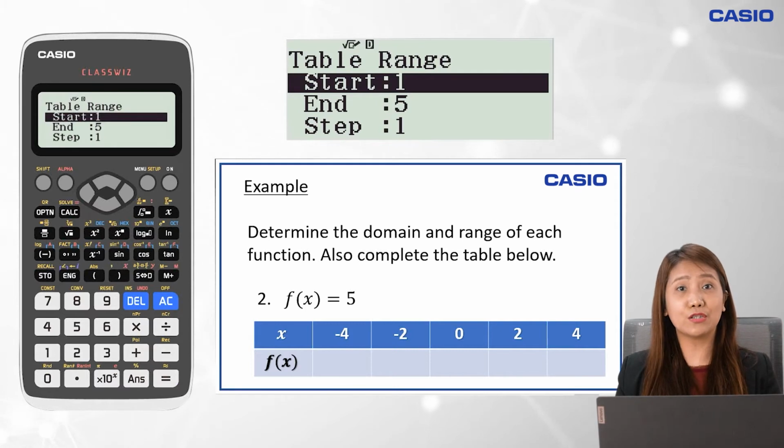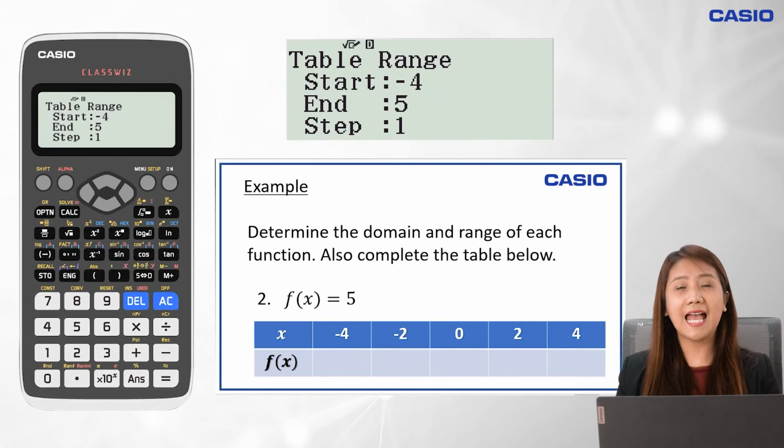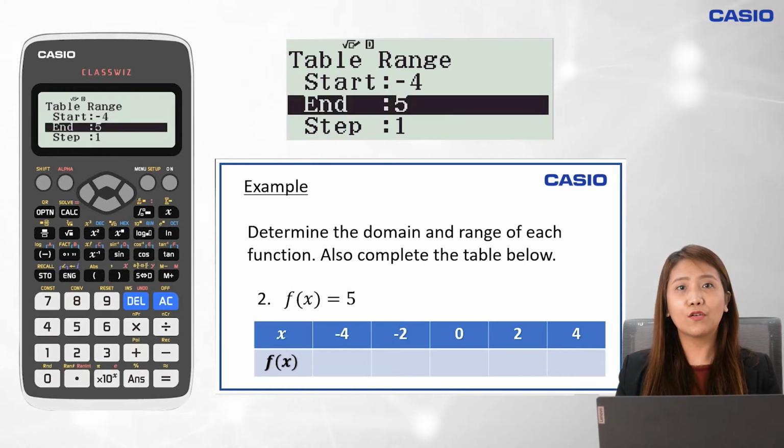And it will lead us to the table range. For the table range, we follow the values from the given table. For a start, input the first value in the table, which is -4. Then press equal sign. For the end, input the last value in the table, and that is 4.